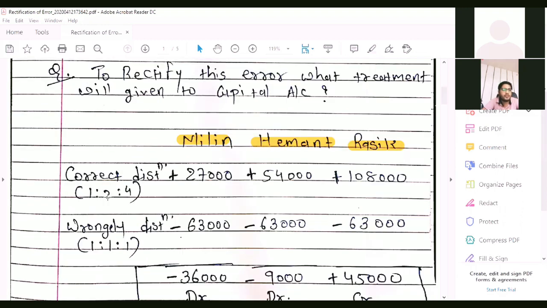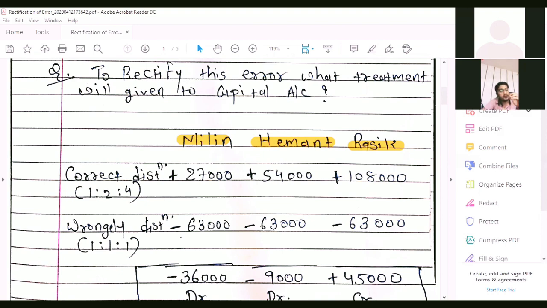So in 1:2:4, if we distribute 1,89,000, it will come 27,000, 54,000, and 1,08,000. But what we have done, we distributed it in the equal ratio. So 1,89,000 is distributed in 1:1:1. So it is 63,000, 63,000, 63,000.